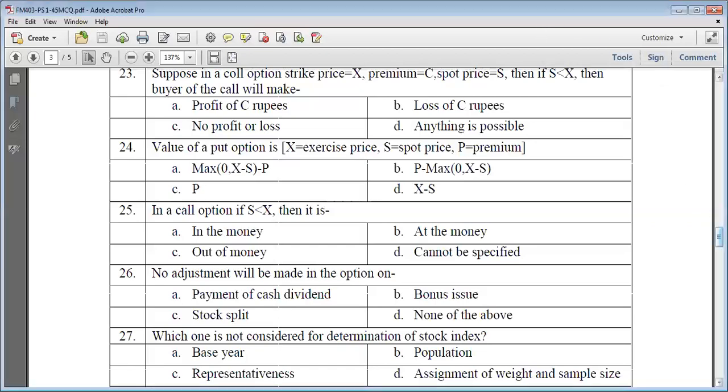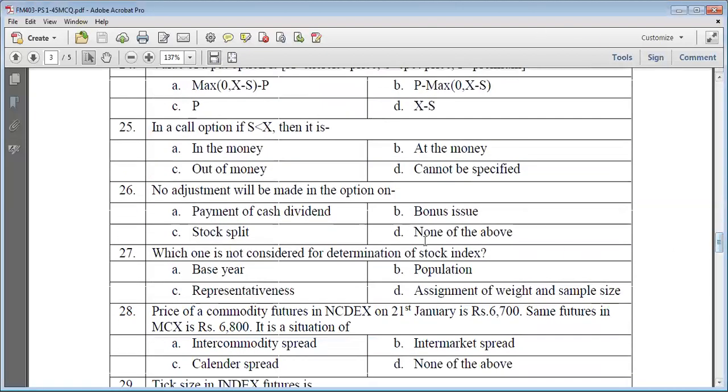27. Which one is not considered for determining the stock index? For calculating a stock index, you require a base year, you don't require population, because population means all stocks listed in the market.